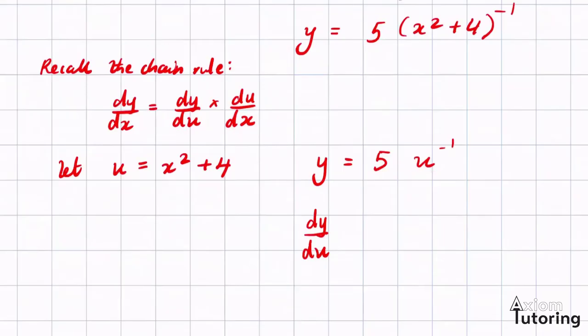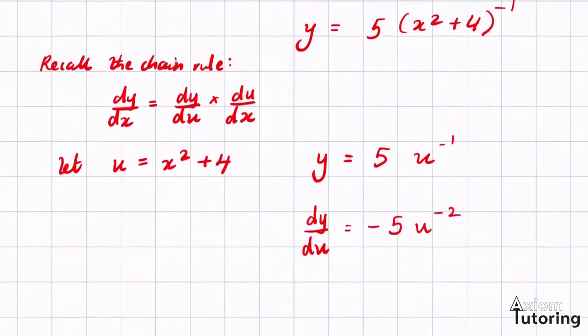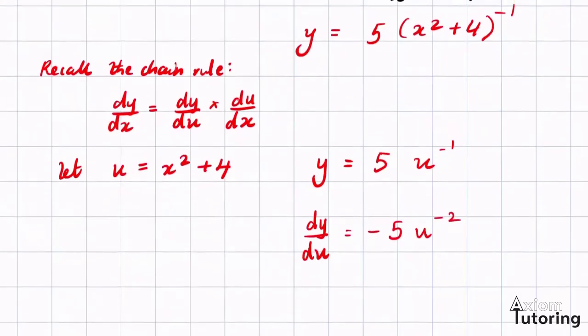And so what we do here is we bring down the power, multiply it by the coefficient, and then we take away 1 from the index. So that's going to be equal to minus 1 times 5 is minus 5 times u to the power of minus 2, because we took away 1. Okay, so dy over du is equal to minus 5 times u to the minus 2.